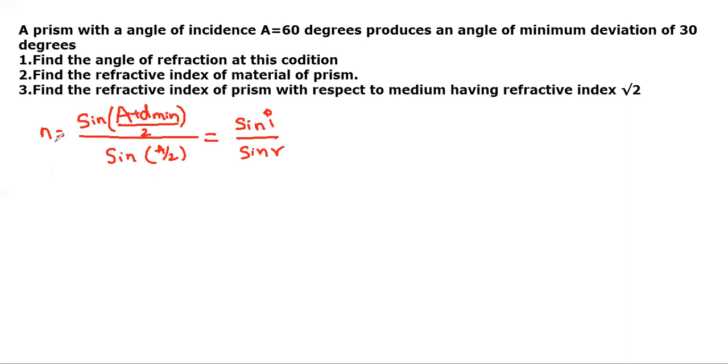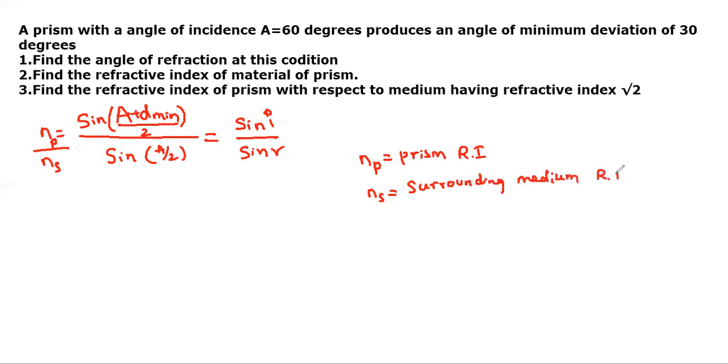If you consider the surrounding medium refractive index, now you should take np by ns, where np is the prism refractive index and ns is the surrounding medium refractive index, and A is the angle of prism.